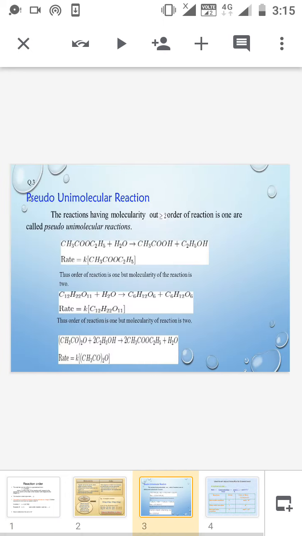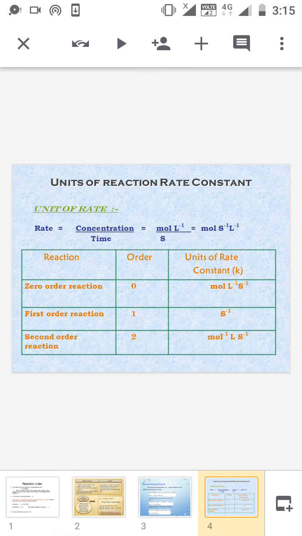For a first order reaction, rate is equal to dx by dt, that's equal to K into concentration of A. The unit of rate is mole second inverse liter inverse, divided by the concentration of A, that is mole per liter. So mole and liter inverse cancel, and we get only second inverse. So the unit of the first order reaction is second inverse.